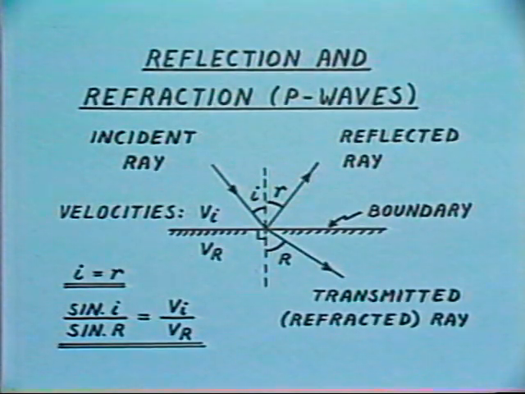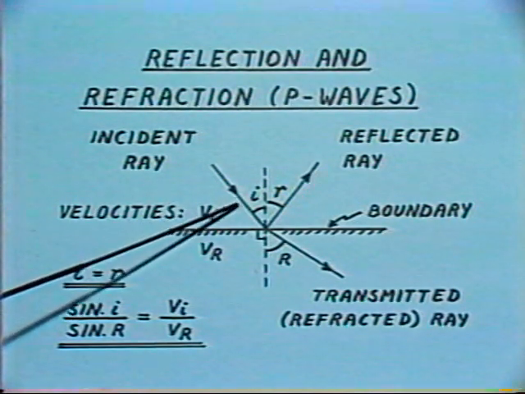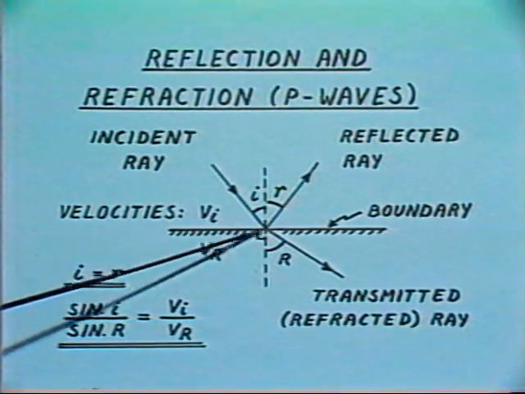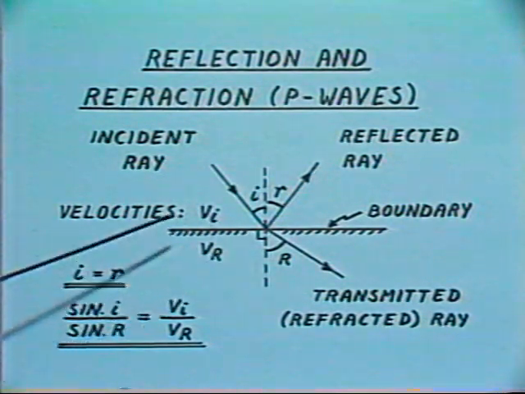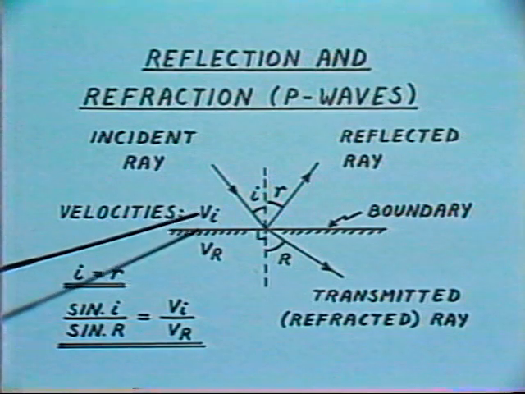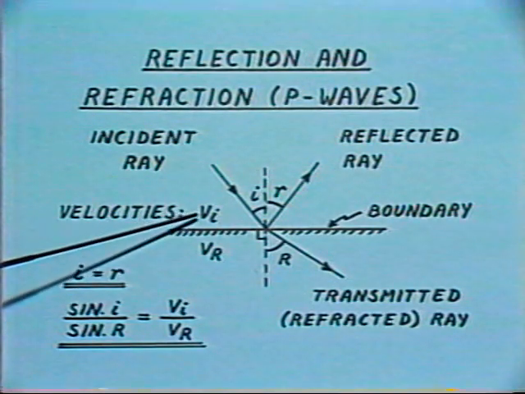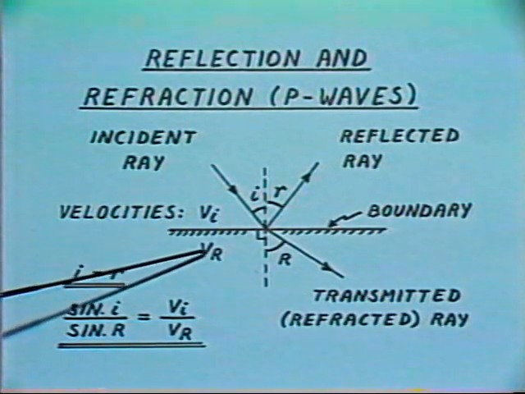Well, next we look at how the seismic energy is reflected from the interface between two different rocks. So we're showing here the interface between two different types of rocks. Now, we're saying they're different because they have different velocities.